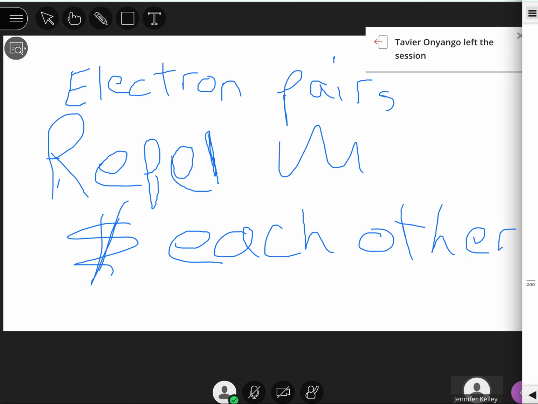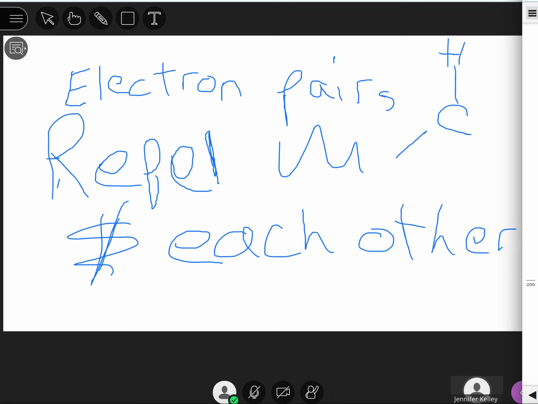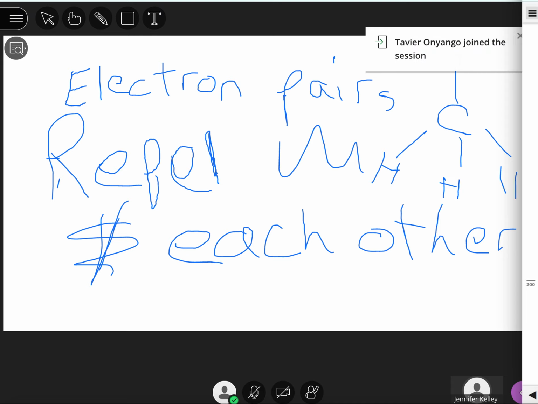All right. So electron pairs are going to repel each other, and that's the whole idea behind VSEPR. When you look at a structure like this that's tetrahedral, it's got electrons in each one of those bonds.